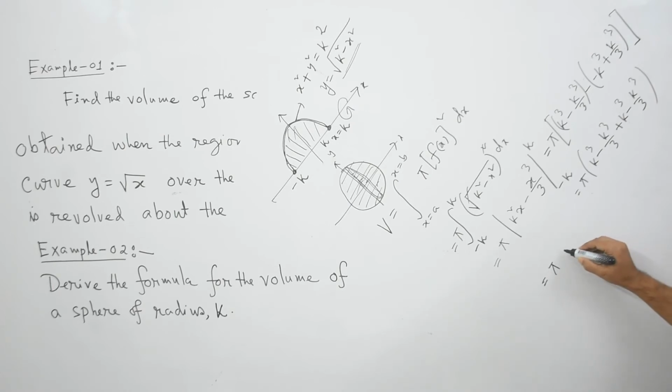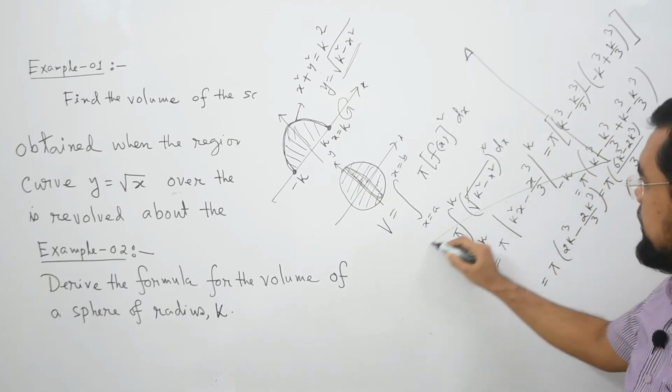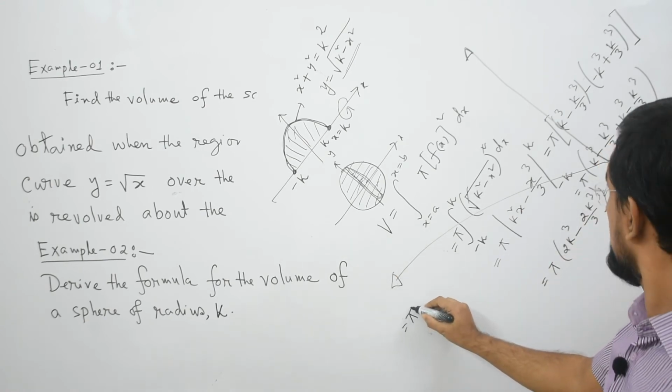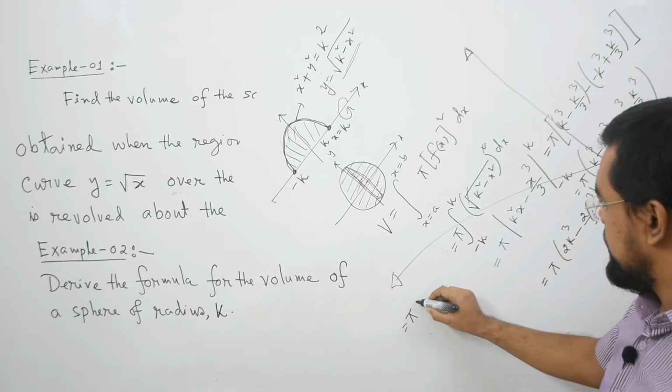So this equals pi into 2k cube minus 2k cube by 3, which is equal to pi into (6k cube minus 2k cube) by 3. So this equals pi times 4k cube by 3.